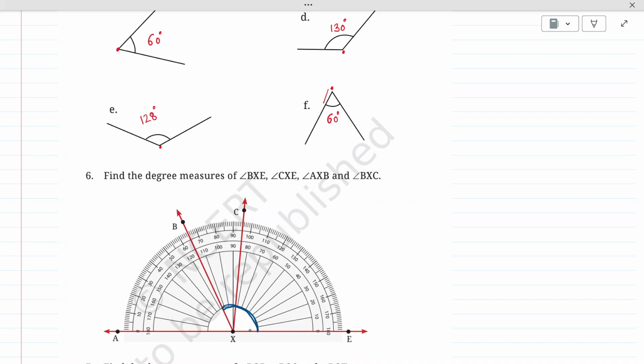So if we see here, center in line here, the other arm is going somewhere here. It is the midpoint. So 115, I'm writing here. Angle BXE is 115.